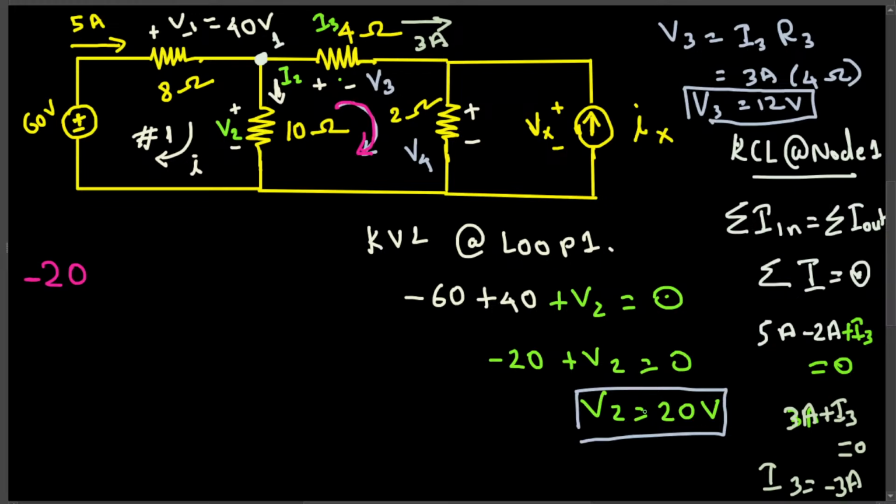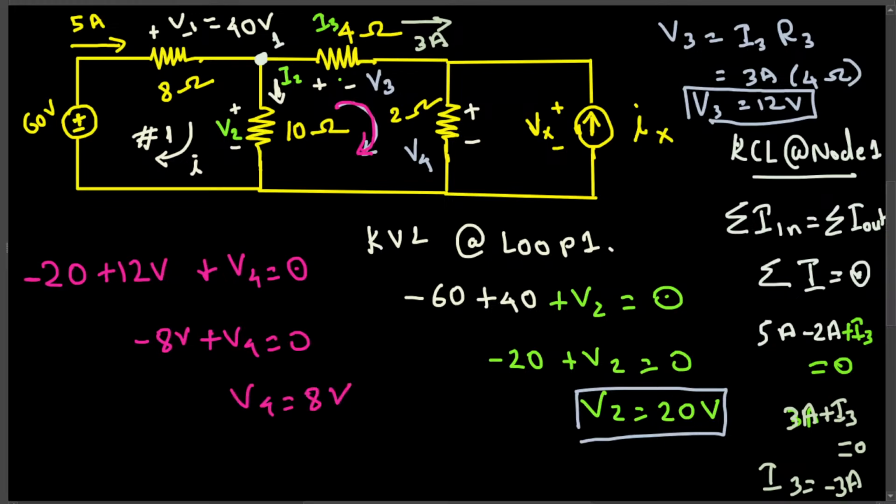So the V3 voltage is plus 12 voltage. And V4 also is going from plus to minus, so that is plus V4. Minus 20 plus 12 plus V4 is equal to 0, therefore V4 is equal to 8 voltage.